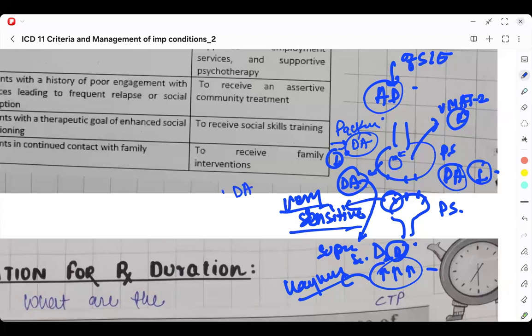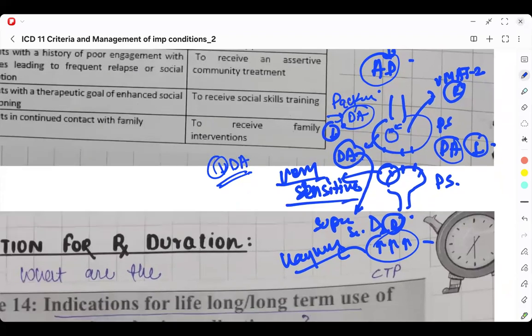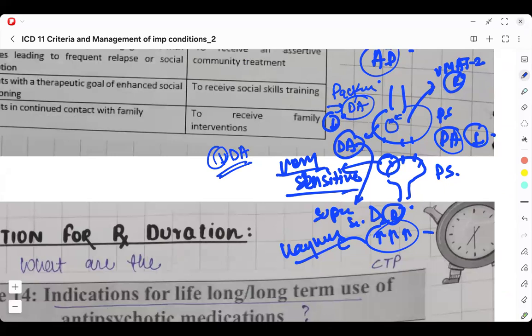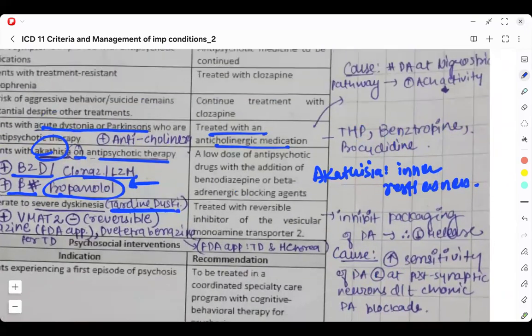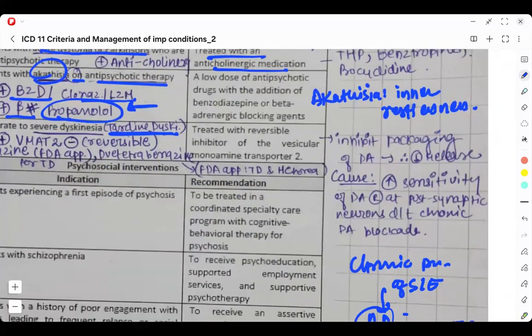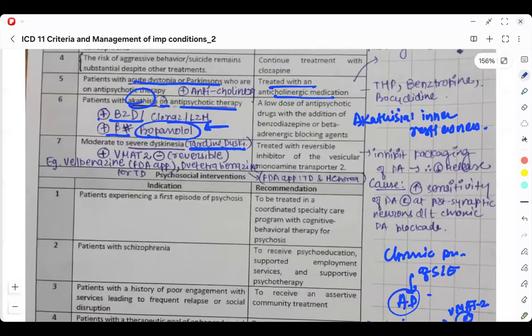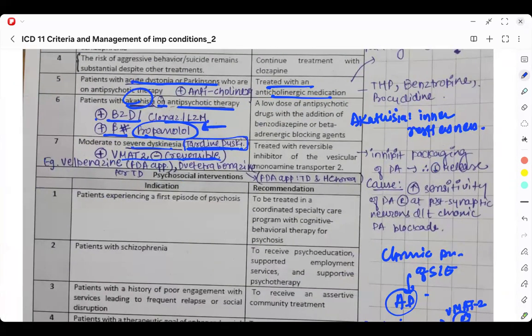So we are decreasing the release of dopamine further. When dopamine release decreases, it won't attach to these receptors, and the sensitivity won't matter. So we give VMAT2 inhibitors, reversible inhibitors, in case of severe dyskinesia or tardive dyskinesia.